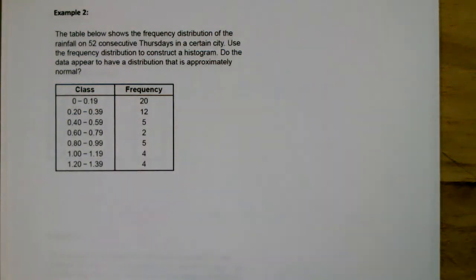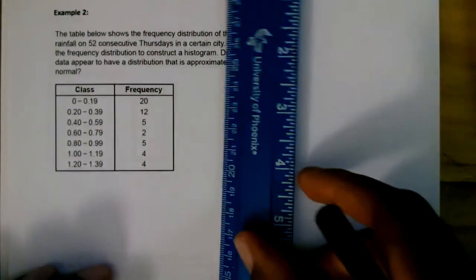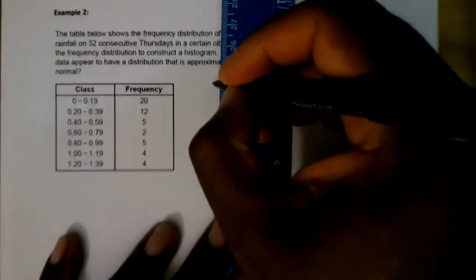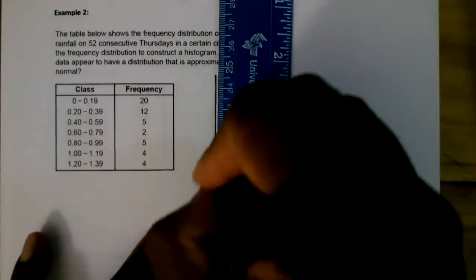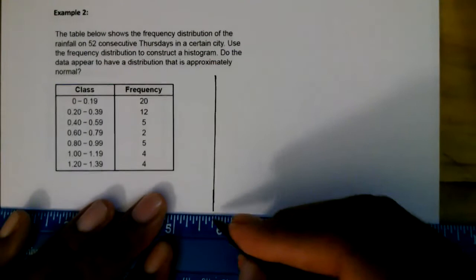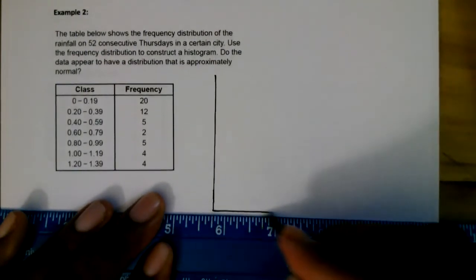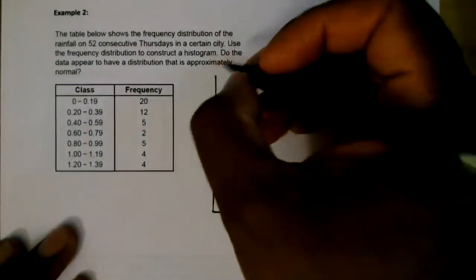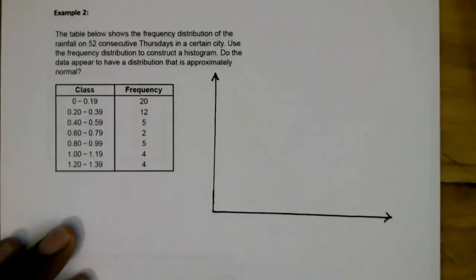So here's how I'm going to create the histogram. I'm going to draw a vertical axis and a horizontal axis. Now I'm going to look at my frequencies for this vertical axis.